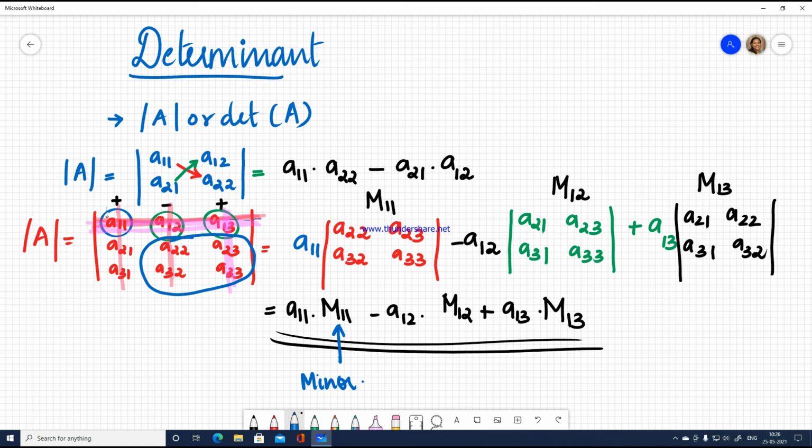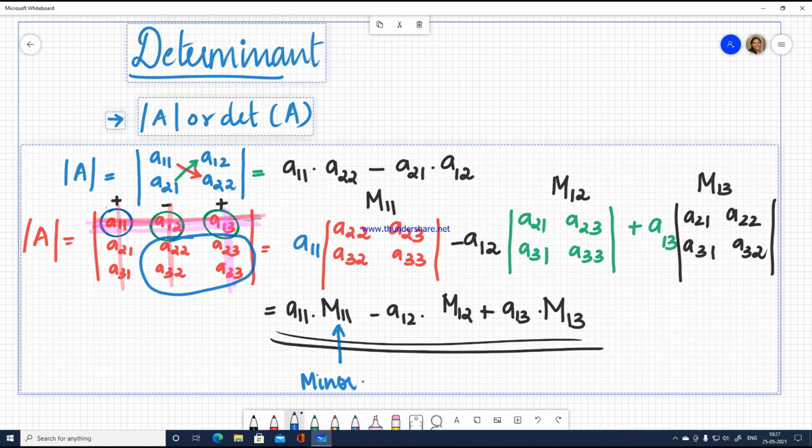I consider the element A11, cover up its column and row, and get a matrix. The determinant of that matrix is called the minor of A11, that is M11. The minor of A12 is M12, and the minor of this element is M13. So this is all about the minor of an element.